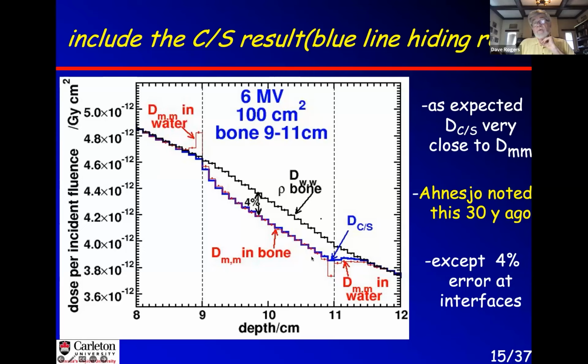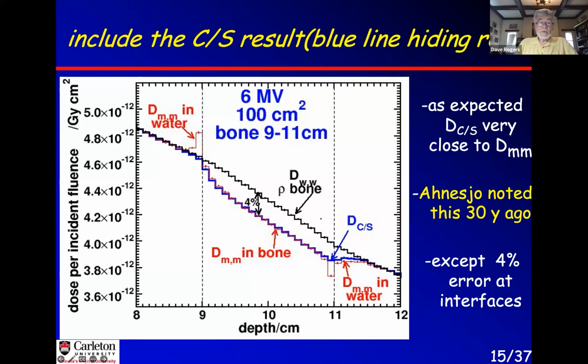But the important point from my point of view is that this now lies right on top of the Monte Carlo calculation in the bone for the dose to medium. And then past that, it agrees with the dose calculated for pure water with the different densities.